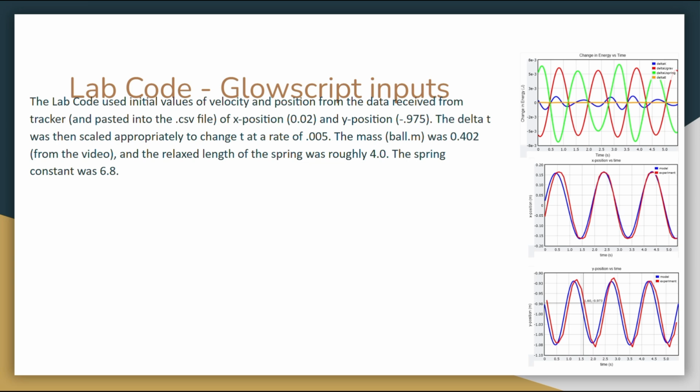And the mass of the ball was described in the beginning of another one of the videos to be 0.402, and the length of the spring was roughly 4. The spring constant was 6.8.